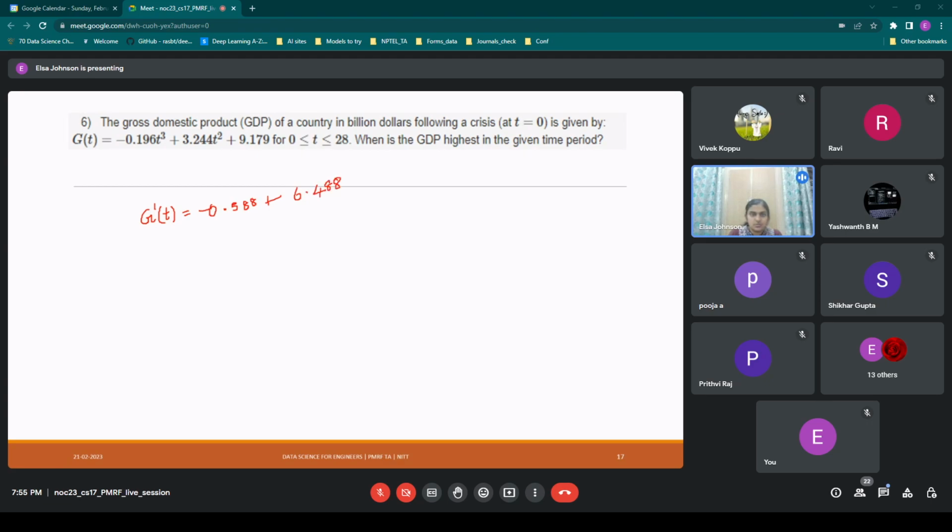So here it will be t squared and here t. Then you have to set g dash of t equal to 0. Then you'll get the t value as 6.488 divided by minus 0.588. Can you tell me the answer? What will you be getting?